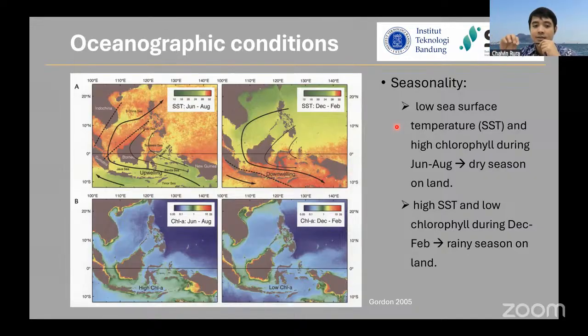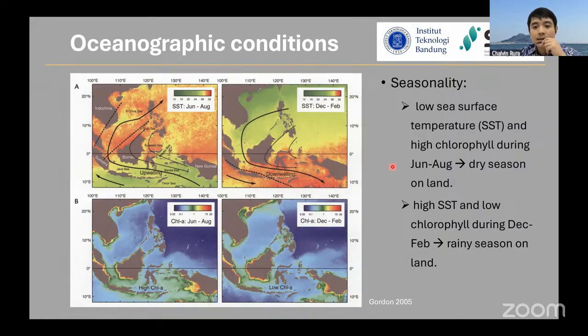And how does it affect Indonesia? It also affects the climate. There is less precipitation because the ocean is much colder, so there's less evaporation to feed the rain clouds. Right now it is August, and we're experiencing a dry season. Also during this period of low precipitation, because there are not many rain clouds, there's an increase in chlorophyll.